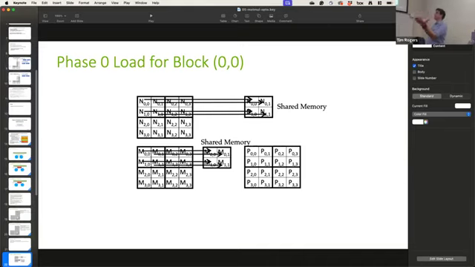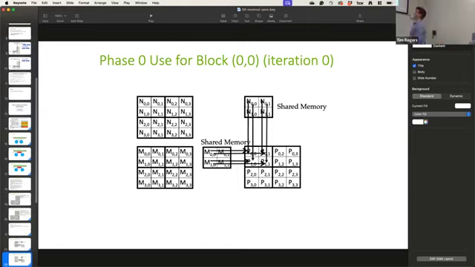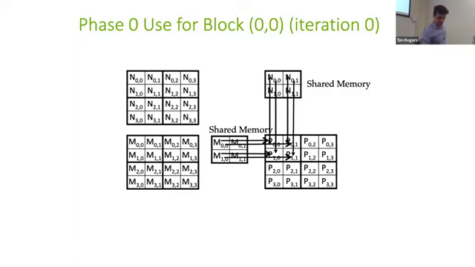In this simple example, we've got 4 threads. Those 4 threads are each going to load one element of M and one element of N, and compute the corresponding products. You can see the reuse here, right? When they're actually doing the partial product, these elements are read 2 times, once by each of the 2 products, as it goes through and computes the product matrix.